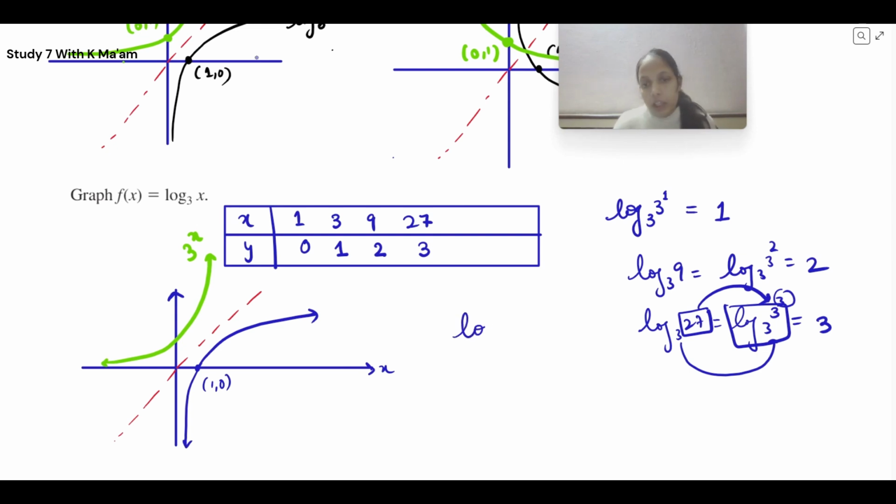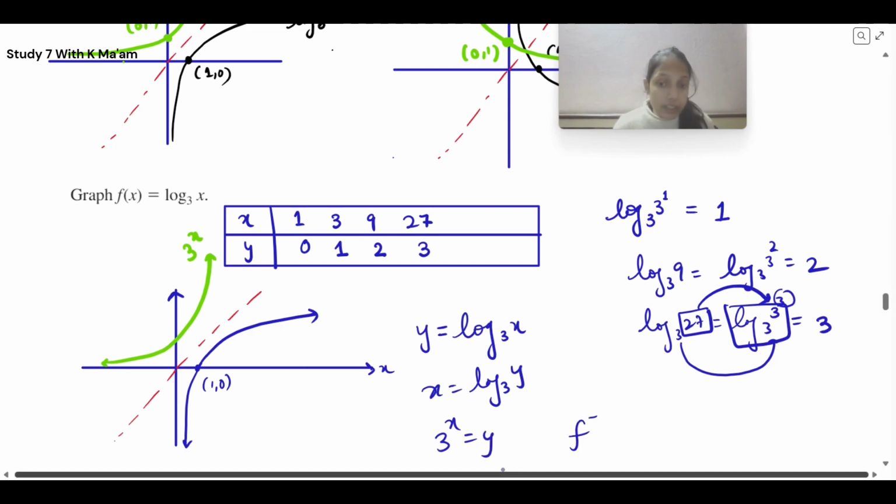See, log base 3 of x is y; replacing y with x and x with y, convert log into exponential: 3 power x is y. So this is the inverse function. I draw both. Okay. I hope you understand. We will continue the next exercise in the next video.